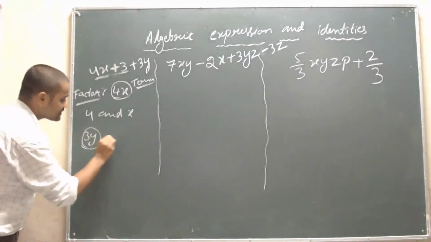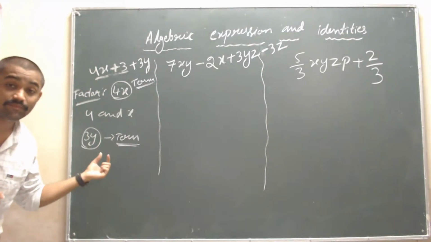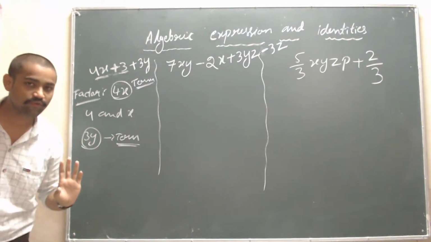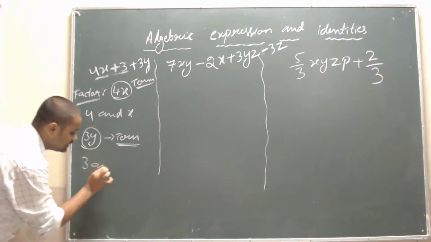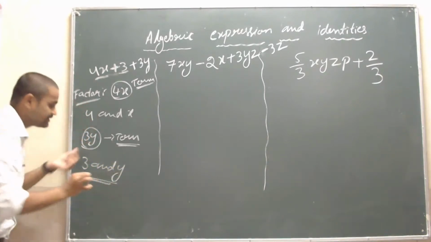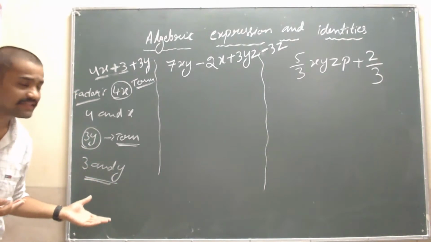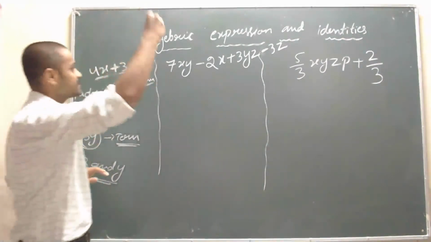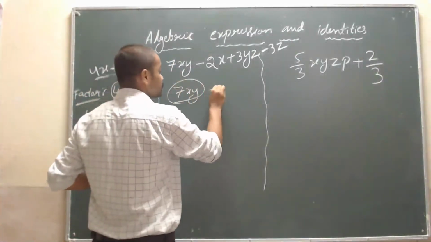You know 3y is a term, students. It is made up of the product of factors. What are the factors here? 3 and y, students. 3 and y are the factors. Then move here, we have 7xy as the term, students.